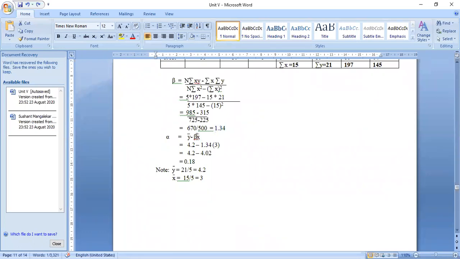So we cannot calculate alpha first, because we need the value of beta in the calculation of alpha, and that is why we first start with the calculation of beta, and whatever value we derive will be used to calculate alpha. Now how do we get y bar, the mean value of y?